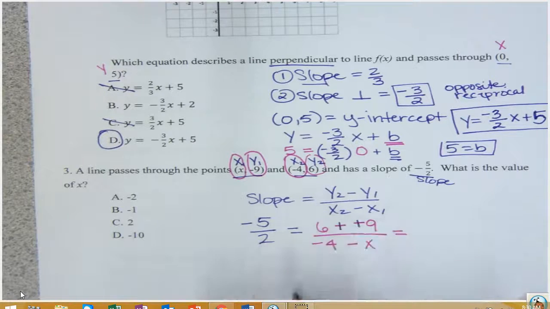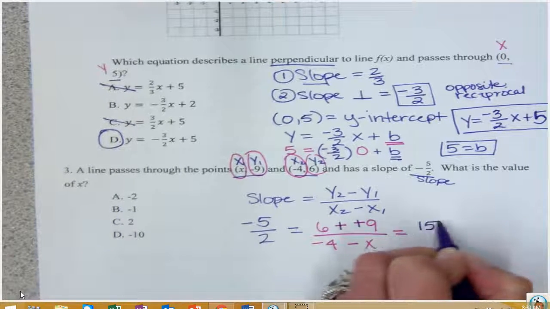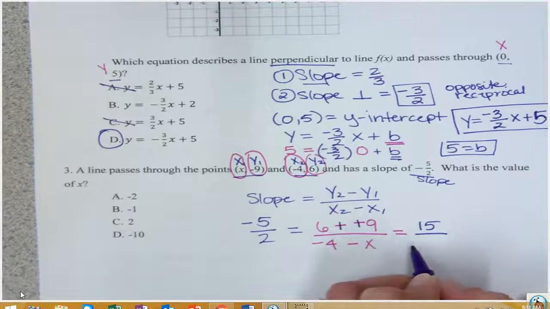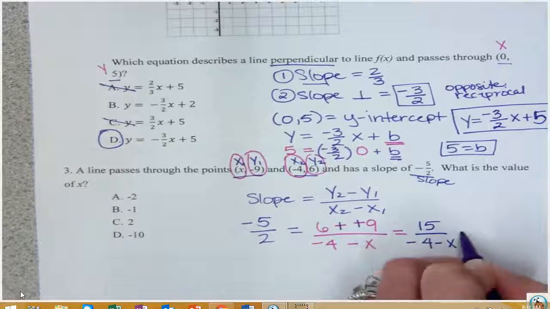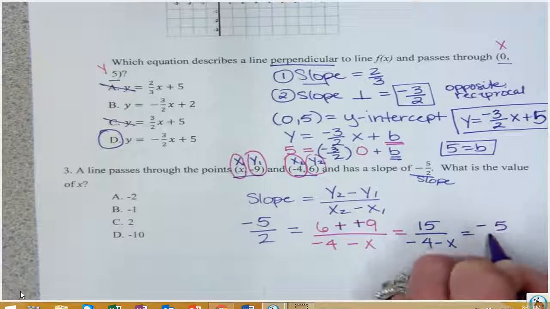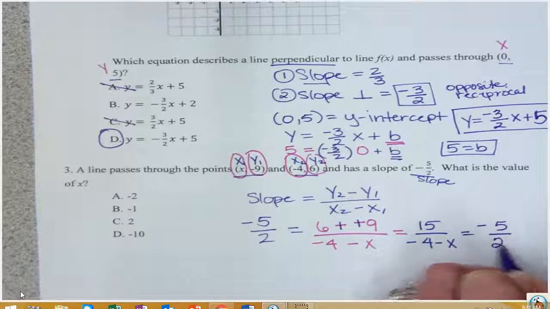This turns into a positive, so I get positive 15 here, and then negative 4 minus x, equals negative 5/2.